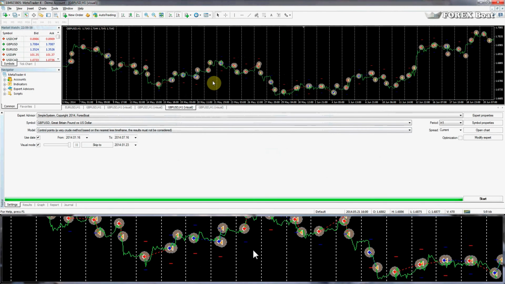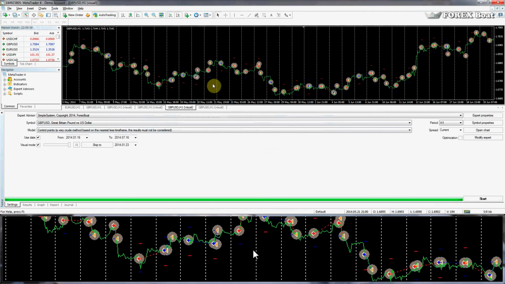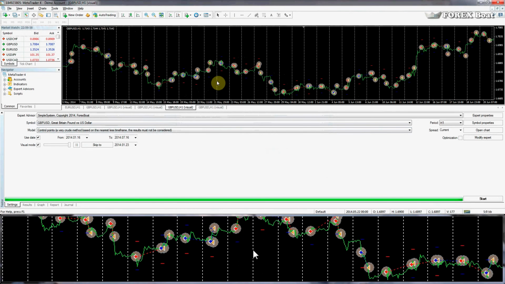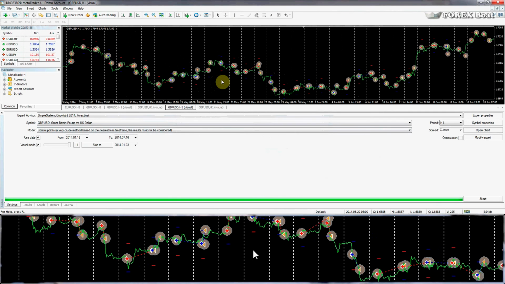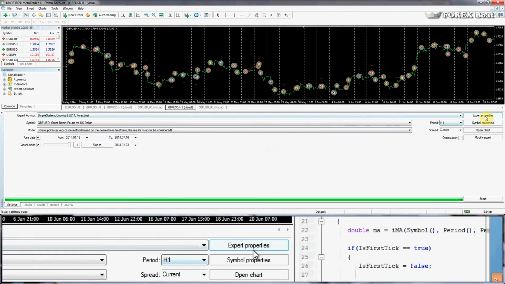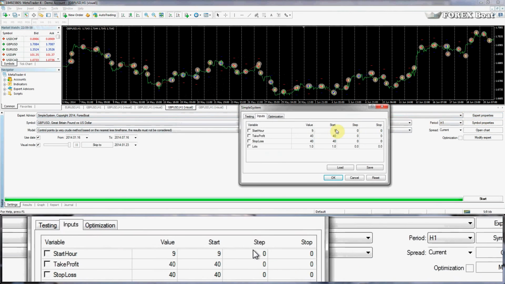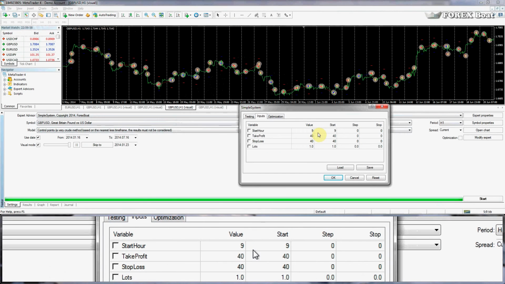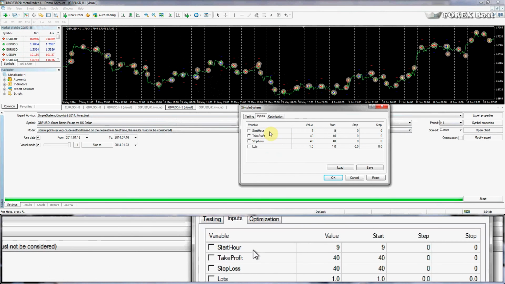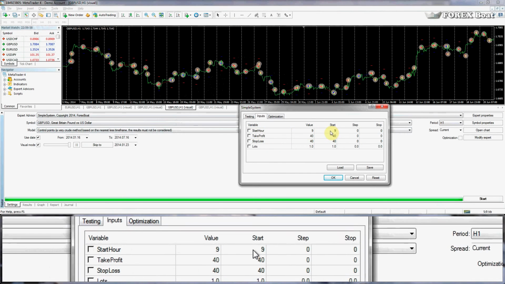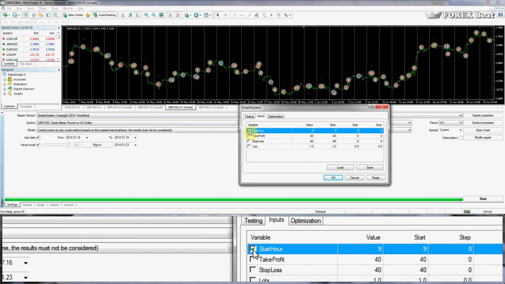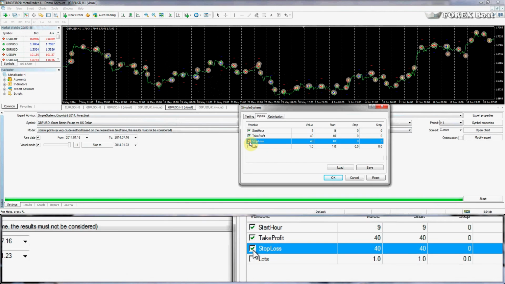Maybe it's not the right time to enter. Maybe 10 o'clock is the right time. Maybe 15, or 3 o'clock in the evening, is the right time to enter. So how are we going to do that? We're going to go into expert properties, and we're going to set some optimization parameters. We're going to optimize start hour, take profit, and stop loss.